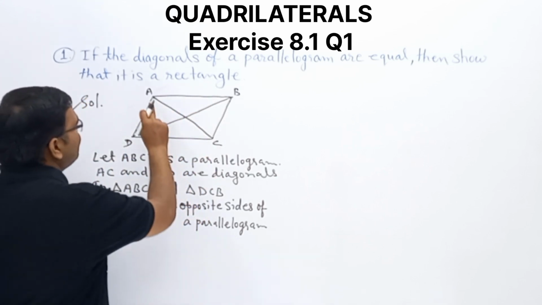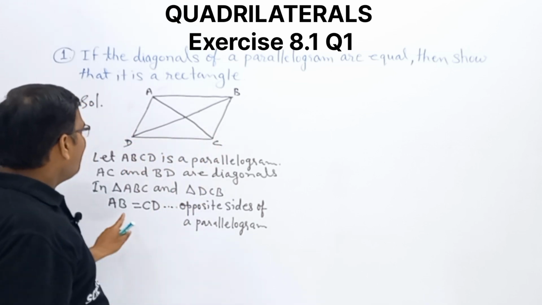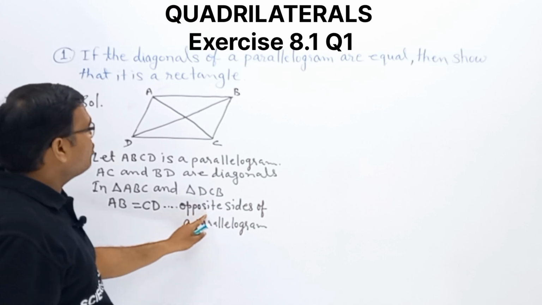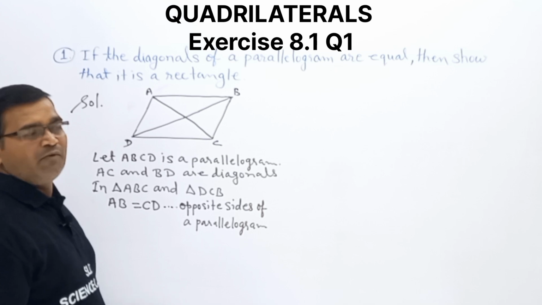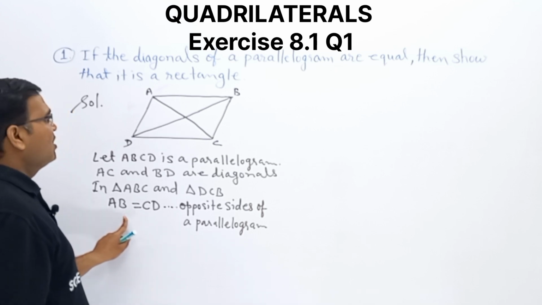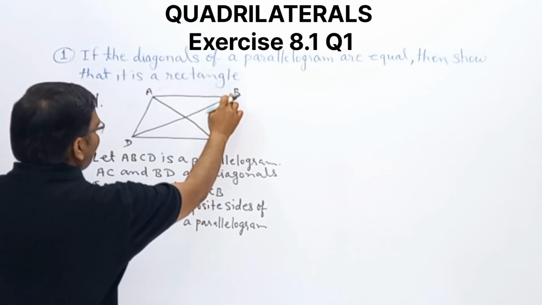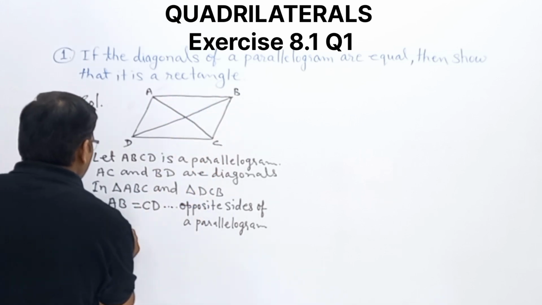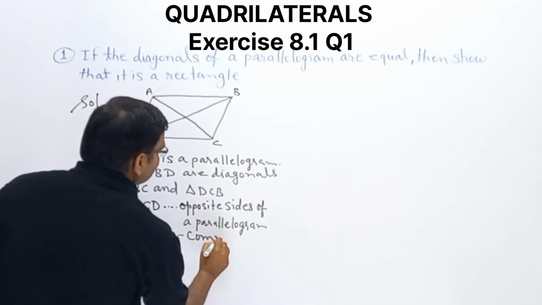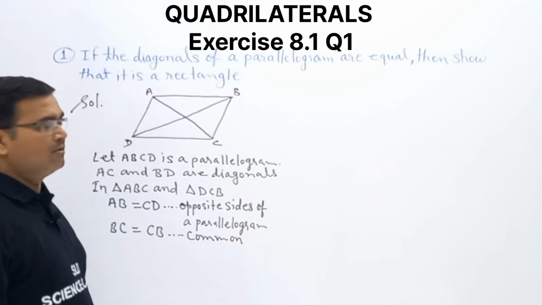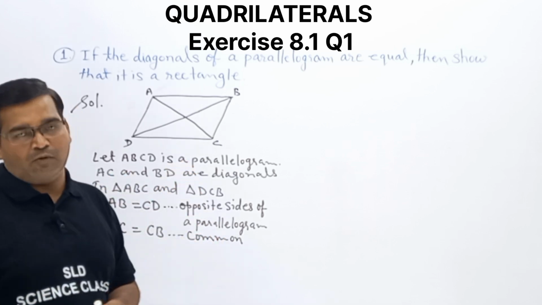In these two triangles, AB equals CD because opposite sides of a parallelogram are equal. Next, BC is common in both triangles, so BC equals CB.